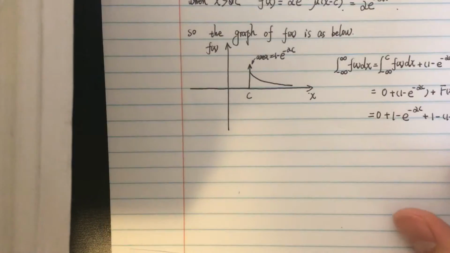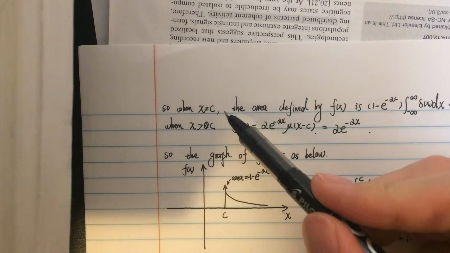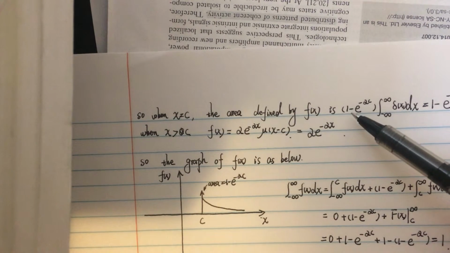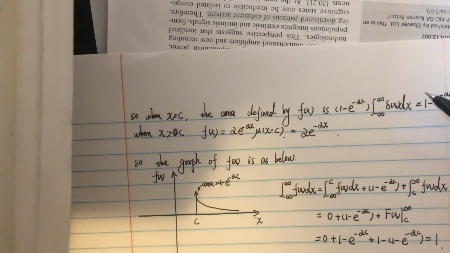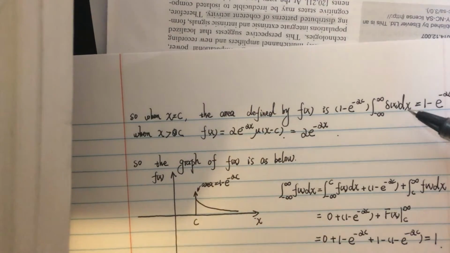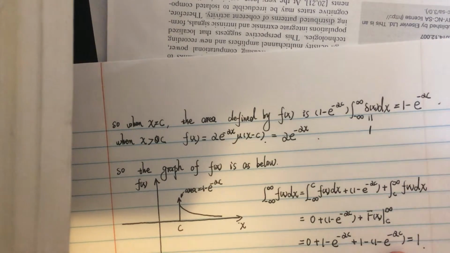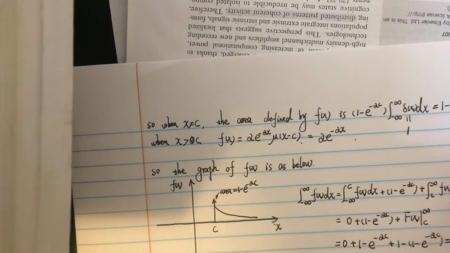So when x equals c, the area defined by the delta term is 1 minus e^(-αc) times this one, and because this one equals 1, we get that the area equals 1 minus e^(-αc).